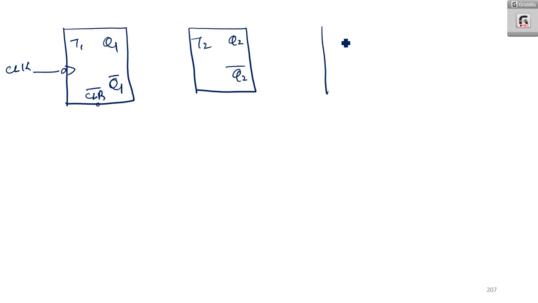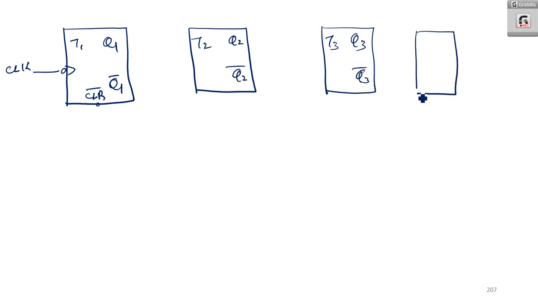Then comes T3, which is Q3, Q3 bar. Now comes T4, which has Q4, Q4 bar. All are negative edge triggered. Q1 is counted here, Q2 is counted here, Q3 is counted here, and T is equal to 1.